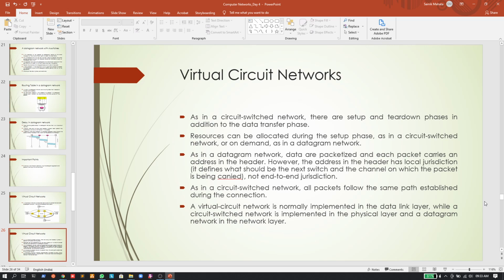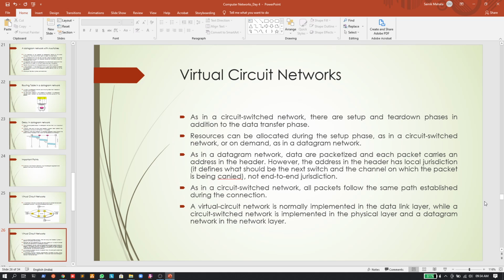In the case of virtual circuit networks, there is a setup phase and a tear down phase in addition to the data transfer phase. So you can see that it is a combination of both circuit switching and packet switching. Also, resources can be allocated during the setup phase as in circuit switch networks. As we discussed earlier, resource allocation means a physical connection between the source and the destination will be created, and then the transfer phase will happen.